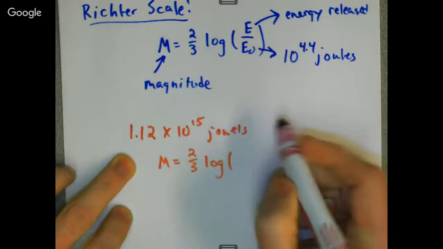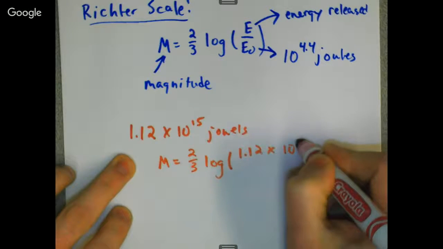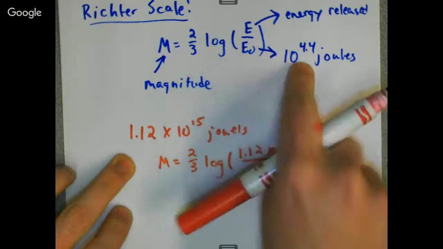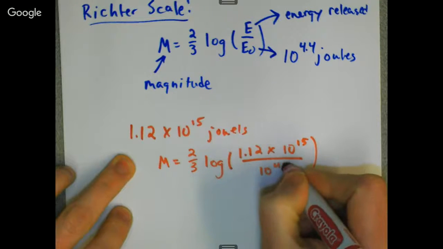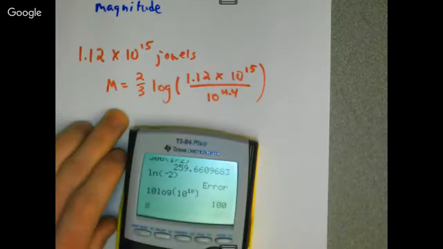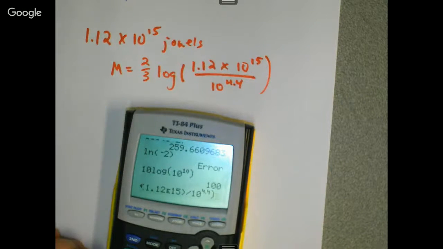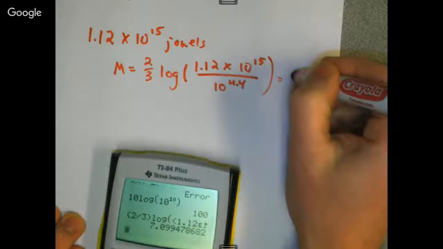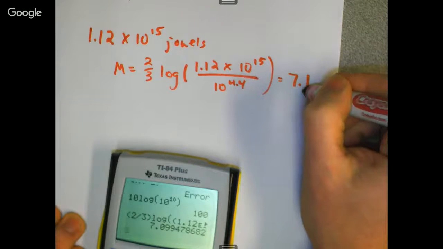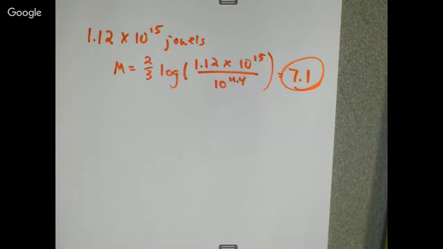This is the one they're giving me in the problem. And this is my constant, 10 to the 4.4. So I can just plug that in here. So we'll say 2/3 log, and we're going to put this in parentheses: 1.12 times 10 to the 15th divided by 10 to the 4.4. Enter. Then I get 7.1. So that's what it's going to be on the actual Richter scale.